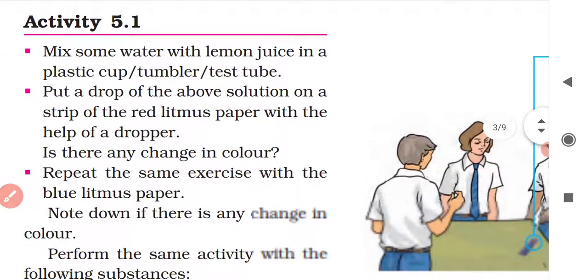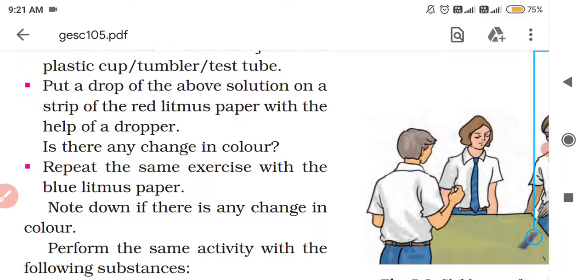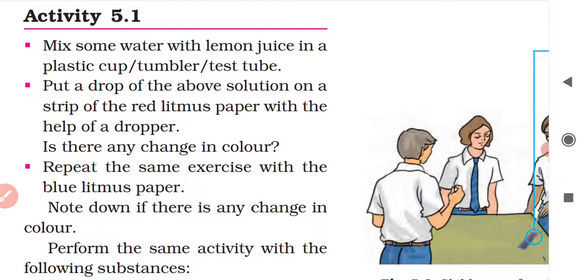Next, there is Activity 5.1 given in your book. Mix some water with lemon juice in a plastic cup, tumbler, or test tube. Then put a drop of the above solution on a strip of red litmus paper with the help of a dropper.